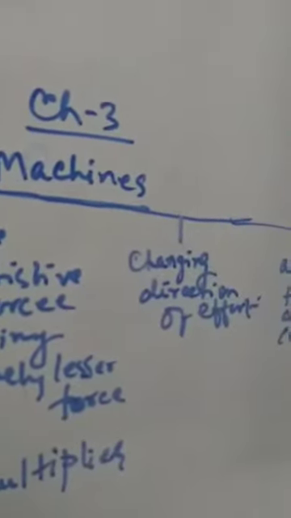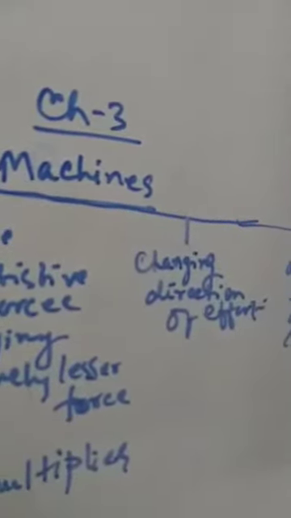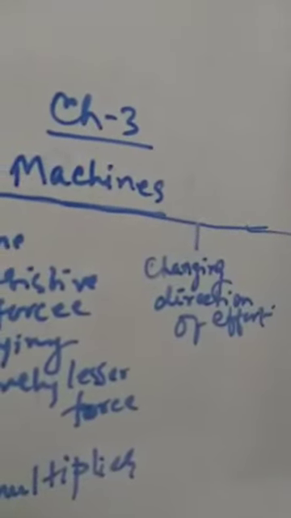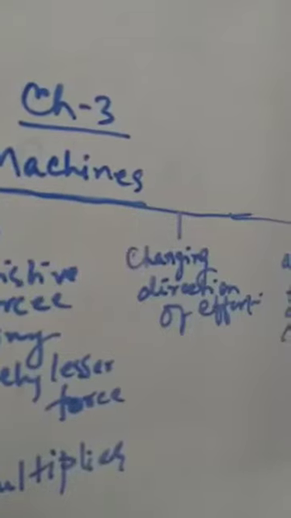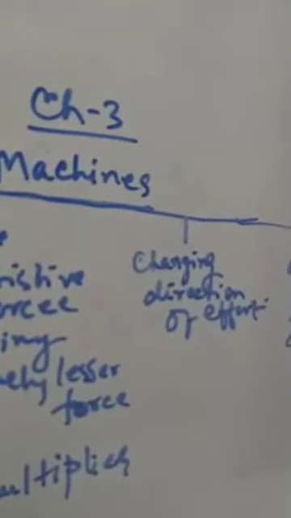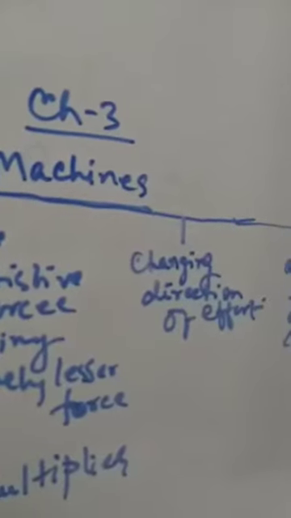Then for changing the direction of effort, you use pulleys, for lifting a bucket of water from the well. Then obtaining gain in speed, that is a greater movement of load by a smaller movement of force applied. A pair of scissors, the blade of a knife, etc. are the examples.